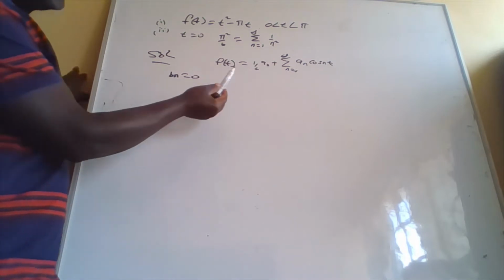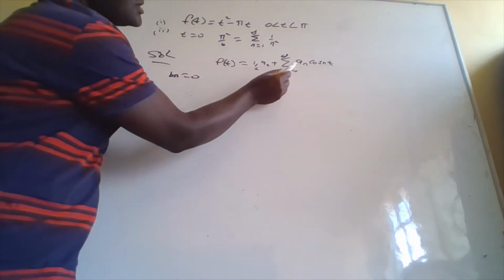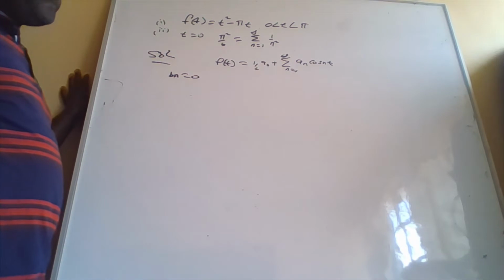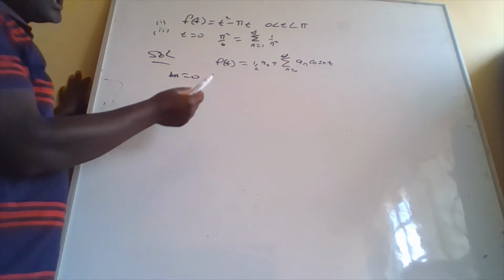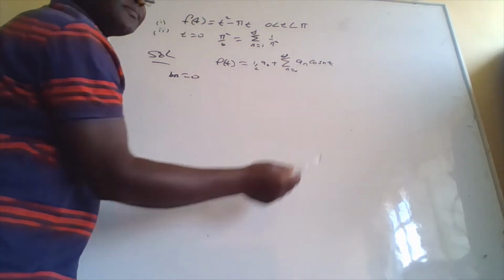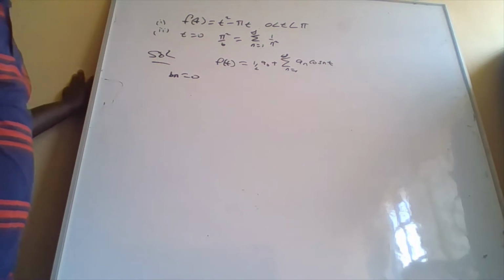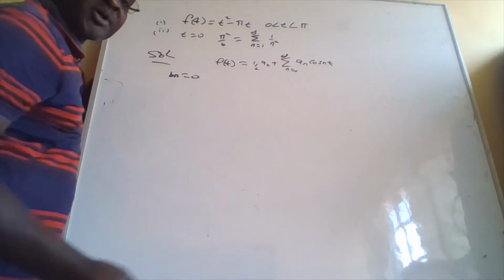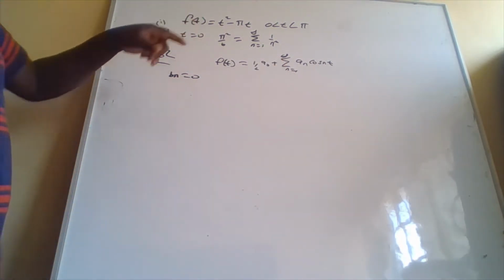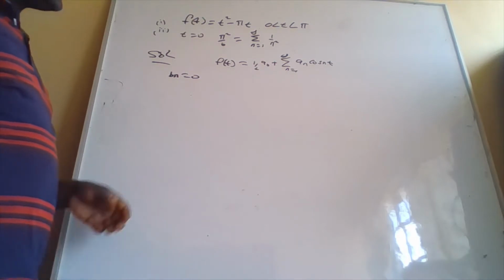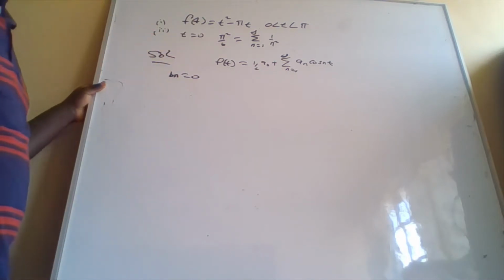Because this is 0, we shall only be required to get a naught and a_n. So once we get a naught and a_n, we insert them in that formula, and then we will have the half-range Fourier series for the given information.